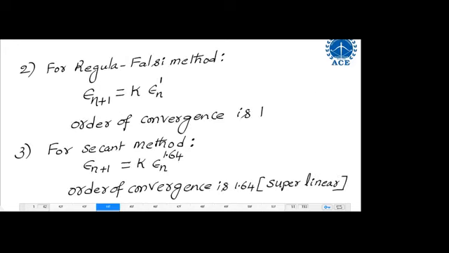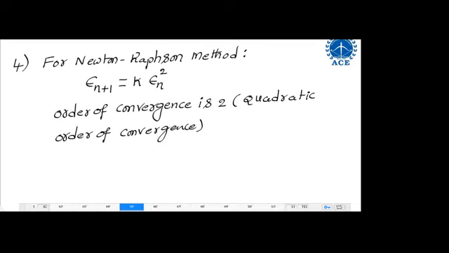One minute everyone. Order of convergence of the secant method is 1.618. Next, the order of convergence concept is completed.